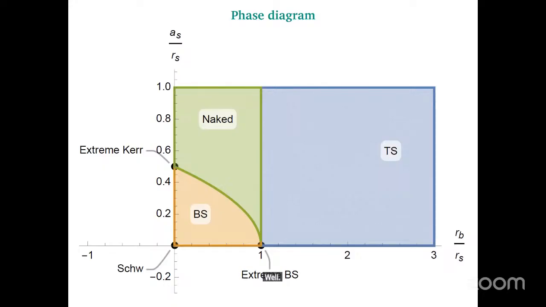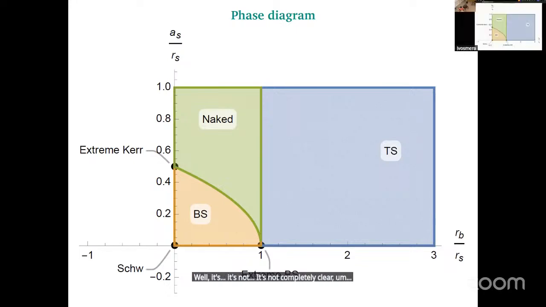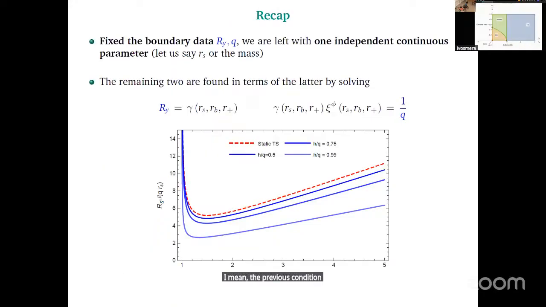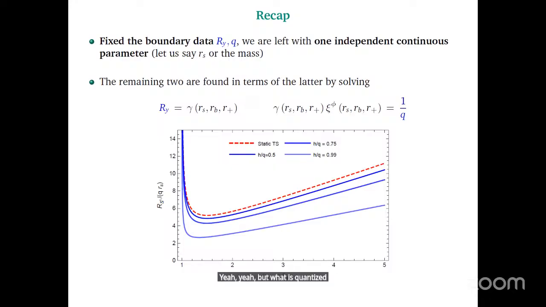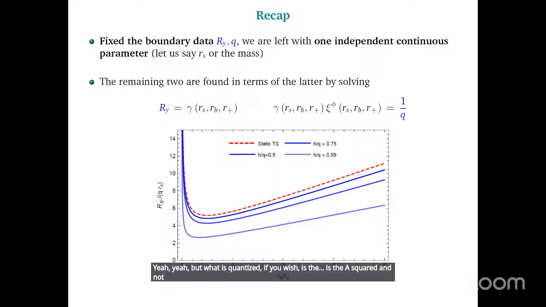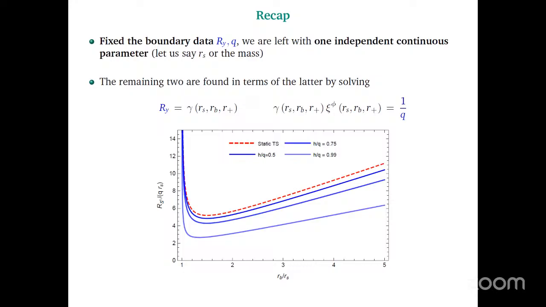Well, it's not completely clear. The previous condition quantizes some stuff, like there is 1 over Q equal to something. But what is quantized, if you wish, is A squared and not A. A squared is AS squared minus AB squared. AS and AB, I don't think they have to be quantized.